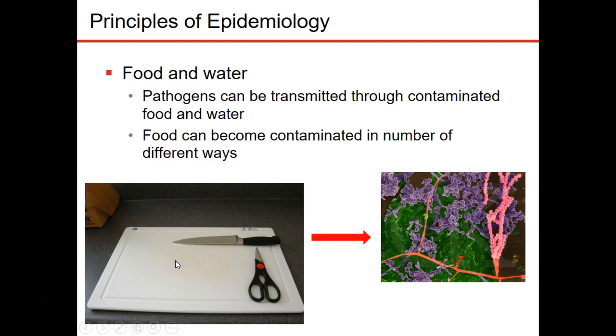My child comes along and decides to use the same scissors to cut up lettuce. If I cut up chicken with those scissors an hour ago and all I did was rinse them off, there's still probably some salmonella on those scissors. And when I cut up the lettuce that I'm not going to cook, the salmonella can then grow really easily.